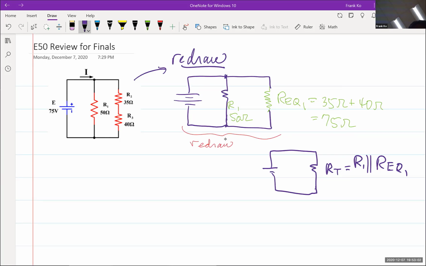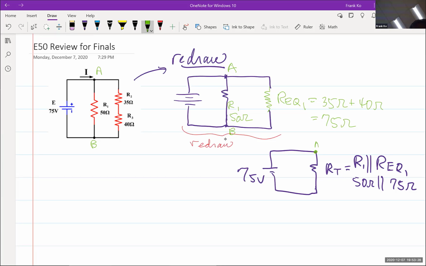So this would be 50 ohms in parallel with 75 ohms. Everybody do this calculation right now, 50 parallel to 75. And while you're doing that, let me label some points of interest here. I'm going to label this point A, label this point B. Here is A, here is B.